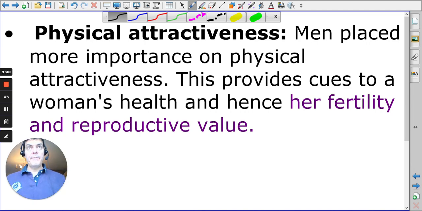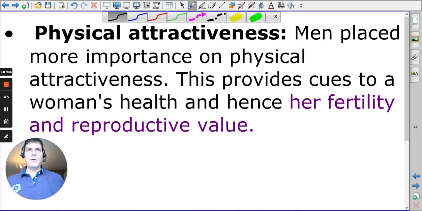Physical attractiveness. Obviously, once again, we see that men, epic fail once again, rated physical attractiveness as more important than women did, and of course this can be interpreted through a woman's fertility and reproductive value.